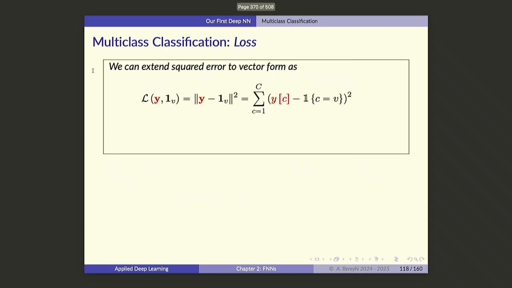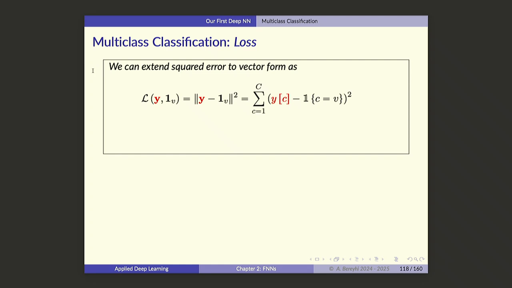Now, the squared one is basically the norm between these two, right? You get these two vectors, your one hot vector and your output of the neural network. You just subtract every single entry, you square each of them, and then you sum them up, right? So it's going to be y, the probability of every class, minus the true probability of every class. But this true probability is going to be 1 exactly on the true class and 0 everywhere else, right?